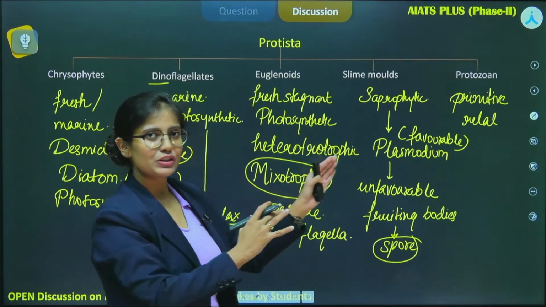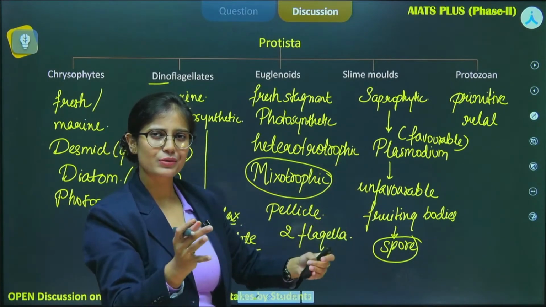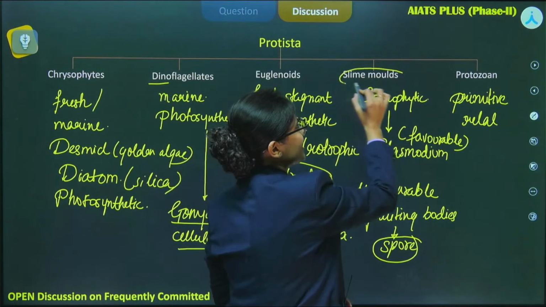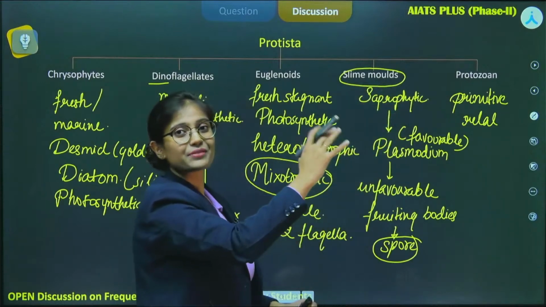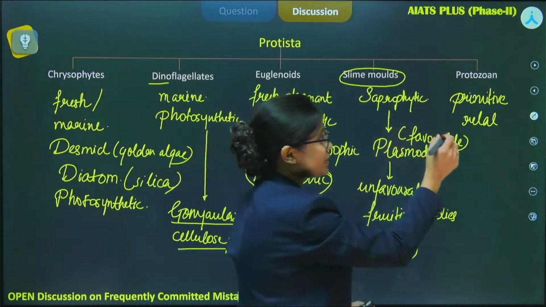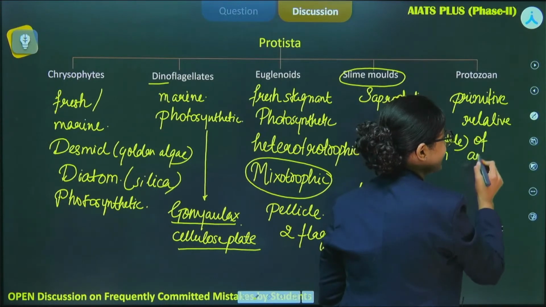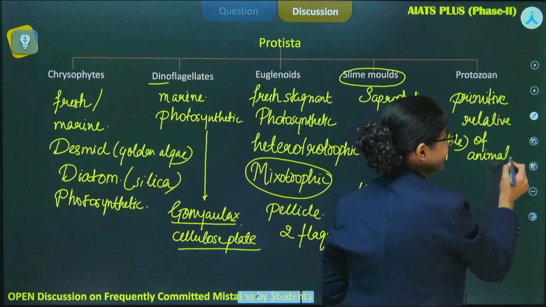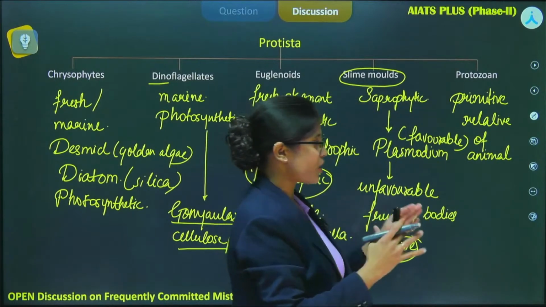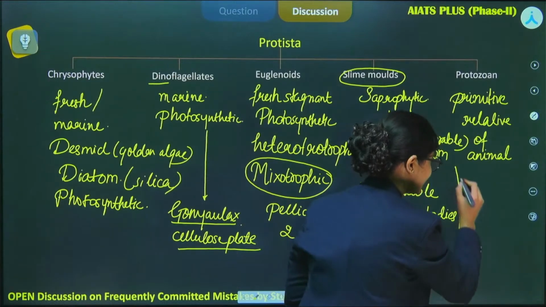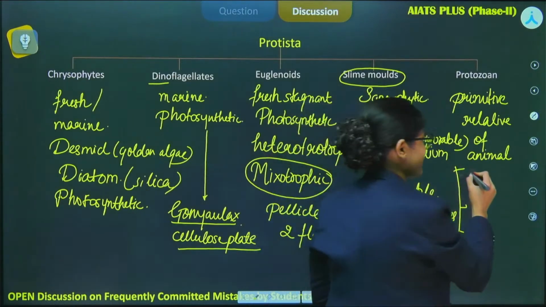Some features are equivalent to plants, some to animals and some to fungi. And protozoans are primitive relatives of animals. Right? And they again are of 4 types. I am writing here. The first one is amoeboid.